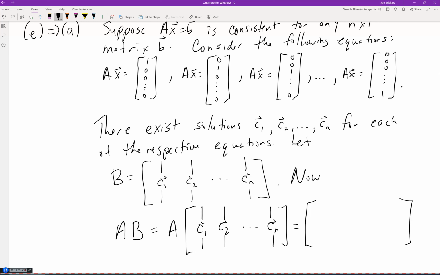So if I think about it in chunks, I can take A times the first column, and that becomes the first column of the product. I can take A times the second column, that becomes the second column of the product, and so on across the columns. So I can think of this product as being A times C1, A times C2, and so on down the line, A times Cn.